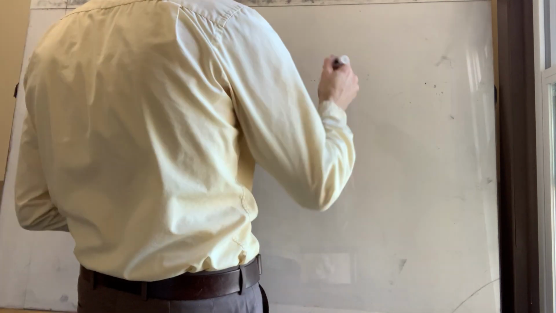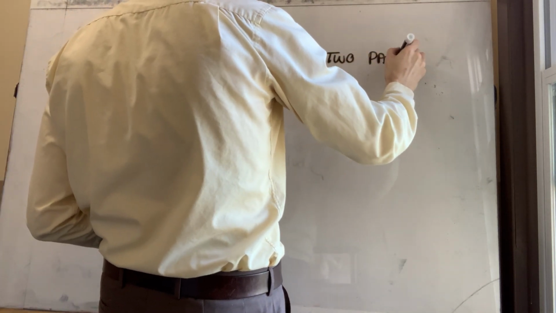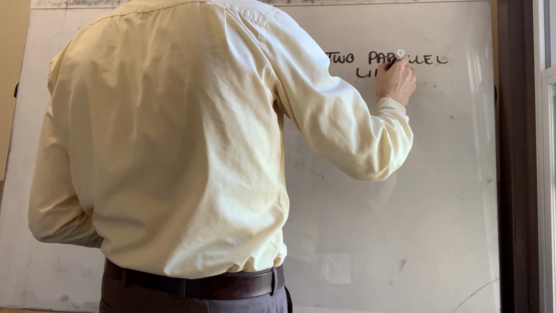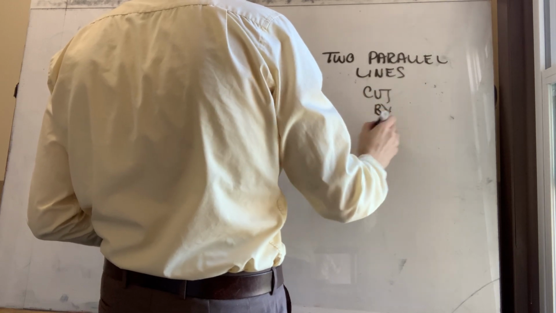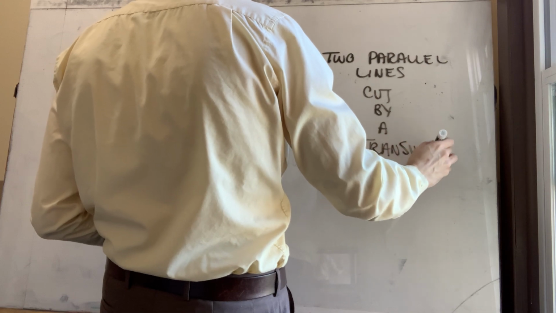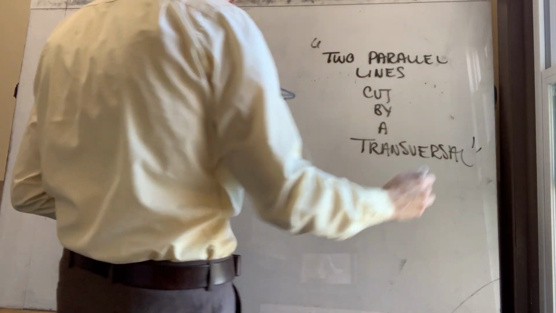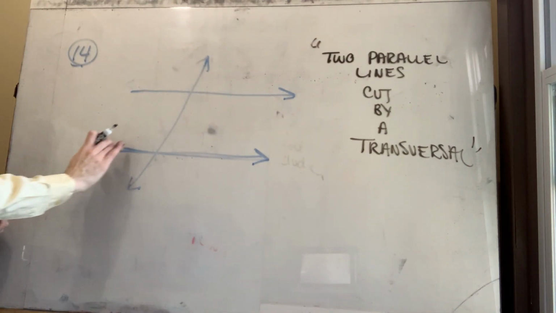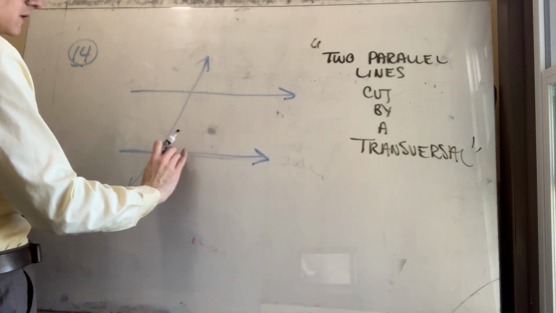These are supposed to be two parallel lines cut by a transversal. I really should have spelled that out. I took it for granted that you might recognize it at this point, that this is the situation.